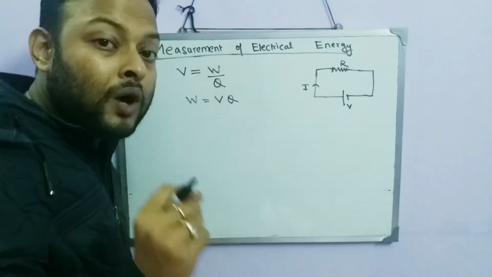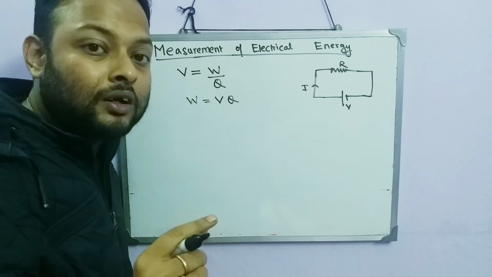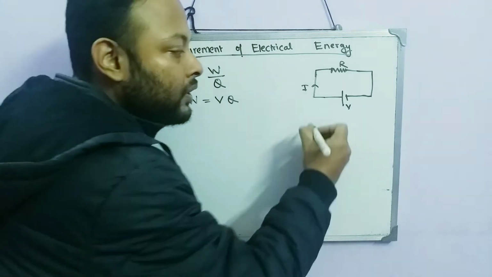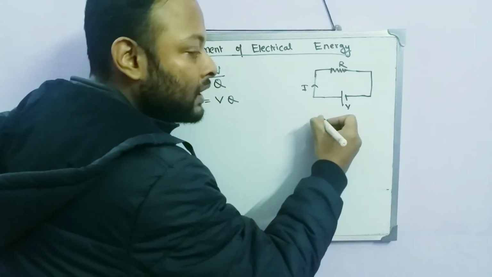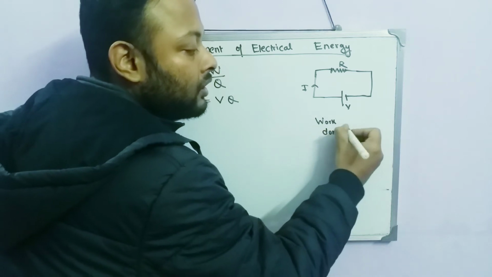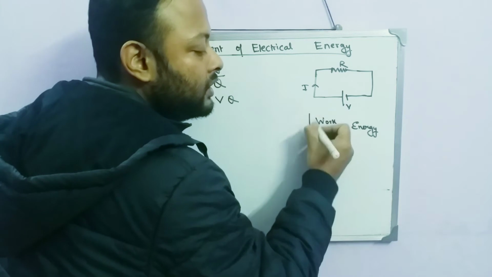If you have read the work energy theorem, we have come across that work done is equal to the energy supplied to the body. We know this by the work energy theorem, that work done is equal to energy.